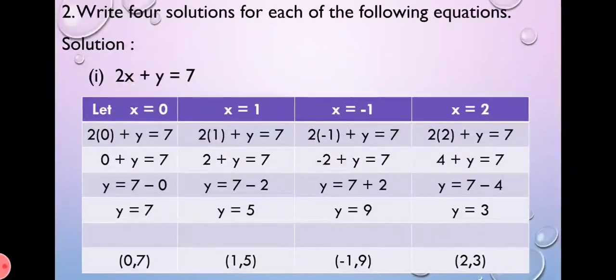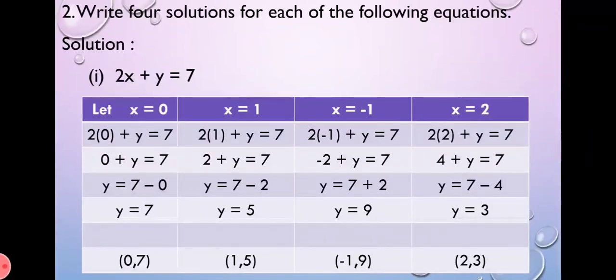So we get 2 into minus 1 plus y equal to 7. That is 2 into minus 1 we get minus 2. So we write minus 2 plus y equal to 7. That is y equal to 7 plus 2, because we transpose minus 2 to the opposite side, so it will become plus. That is y equal to 9. So the third pair of solution is minus 1 and 9.